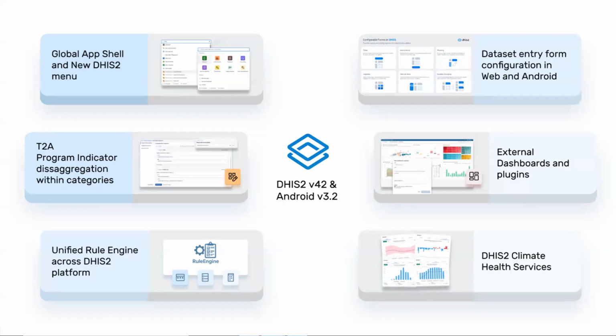You are going to see that we are more and more working towards integrating web and Android user experiences. You are going to see that today as well. A beautiful, fantastic program indicators disaggregation functionality that I'm not going to say much about now, but it's going to really make our lives easier for aggregating data from individual level to aggregate data values.